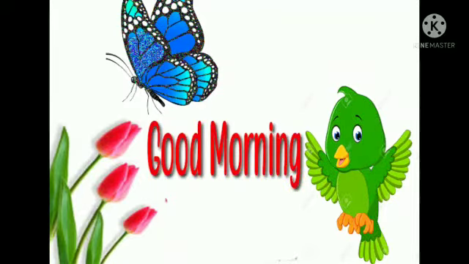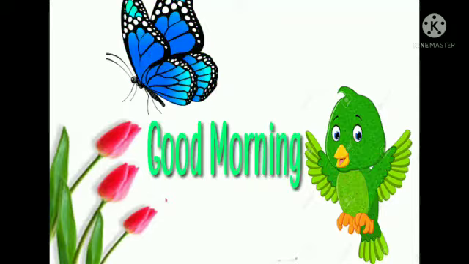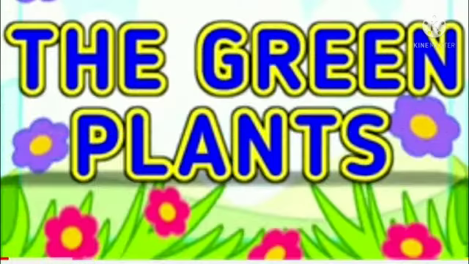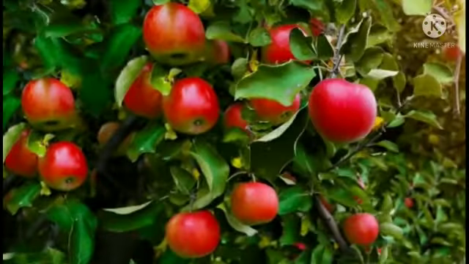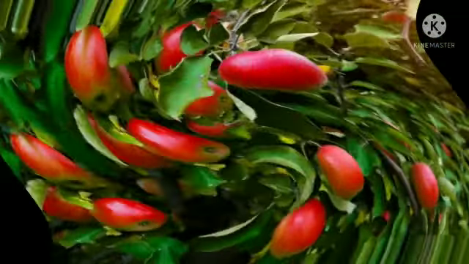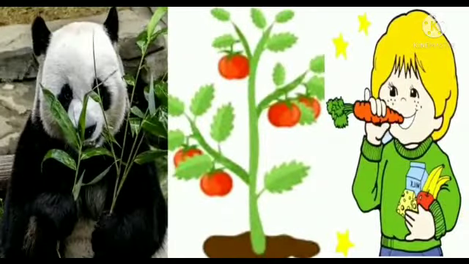Children, today we are going to start with our new topic, that is the green plants. You all know that plants are very important to us, right? They make their own food and provide food for animals and human beings, isn't it?